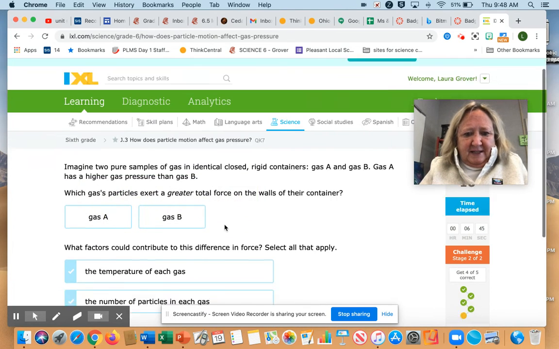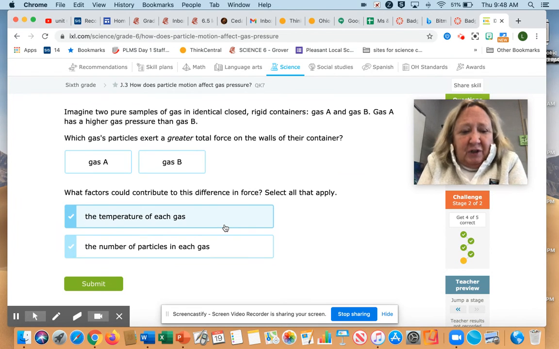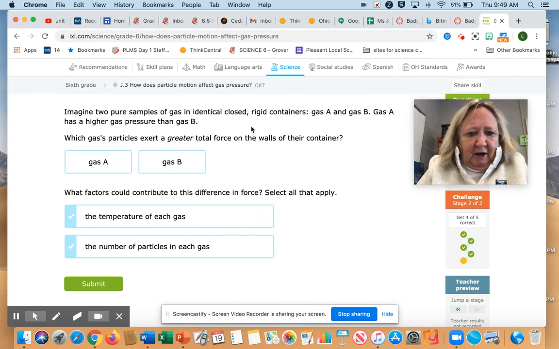All right. Okay, guys, about one or two more. Imagine two samples of gas in these containers. We got an A and a B. A has higher pressure than B. Which particles exert a greater force? Okay, higher pressure.